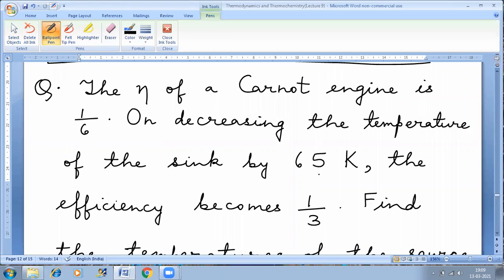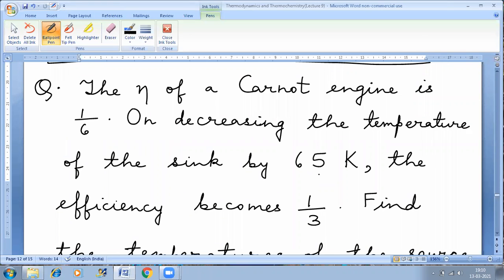So in the first case, the value of eta is 1 upon 6. In the second case, the value of eta is 1 upon 3. So there are two different values of eta given. What is happening in case 2?